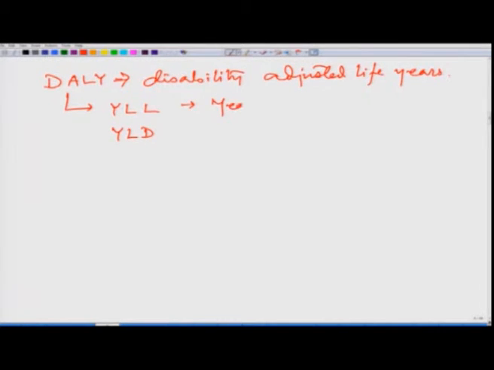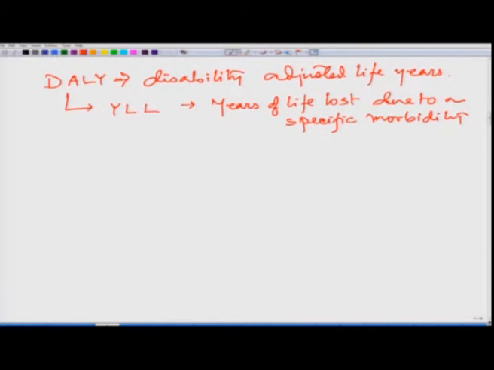YLL is years of life lost due to death because of a specific morbidity or disease, they are synonymous.